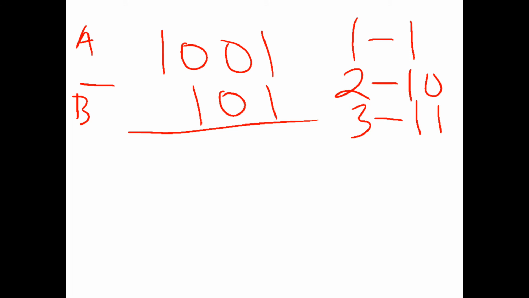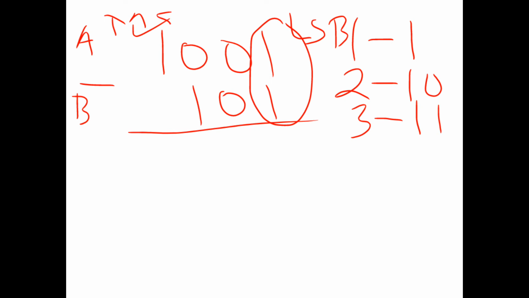So let us do the subtraction. It will start from the LSB. This is the LSB and this position is known as the MSB. LSB and MSB mean least significant bit, the rightmost bit, and most significant bit, the leftmost bit.